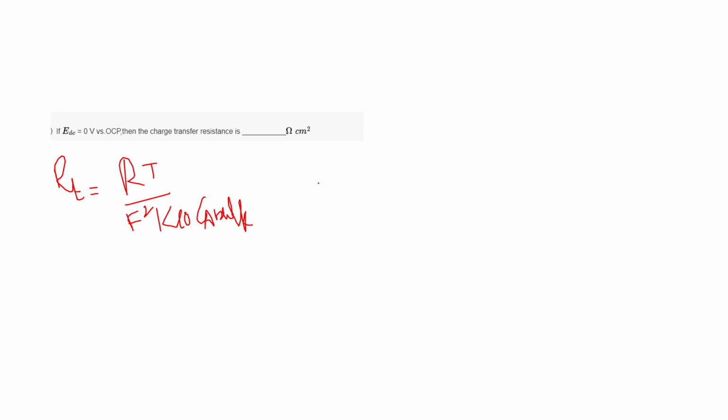So what will be the value of R? R will be 8.314 joules per mole Kelvin. Joules per mole Kelvin means it will be kilogram meter square per second square into mole Kelvin by mole Kelvin.